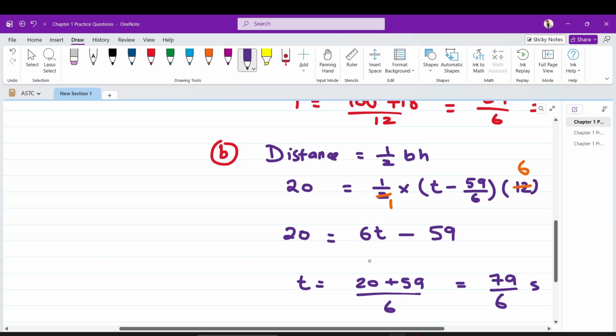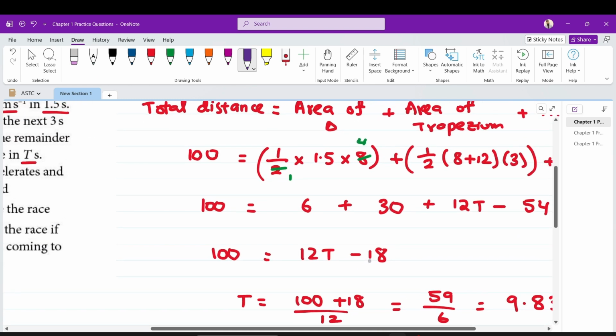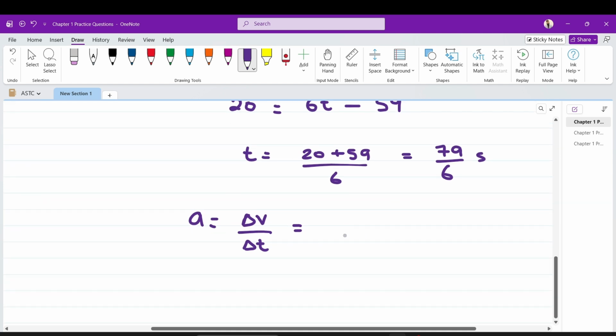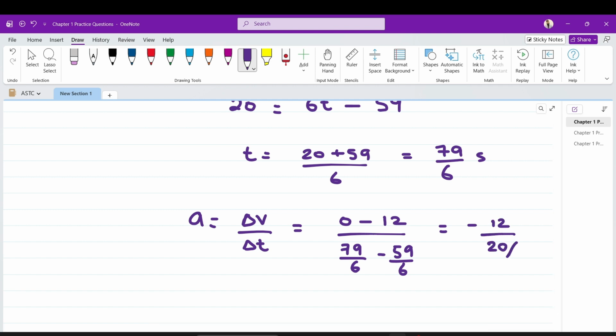So now we will be calculating the acceleration, so that will be 0 minus 12 divided by 79 over 6 minus 59 over 6. That's going to give us minus 12 divided by 20 upon 6.